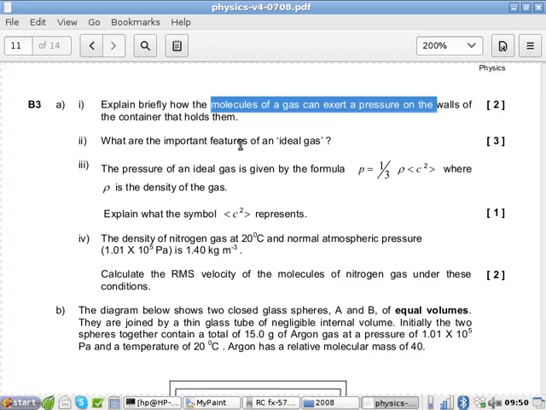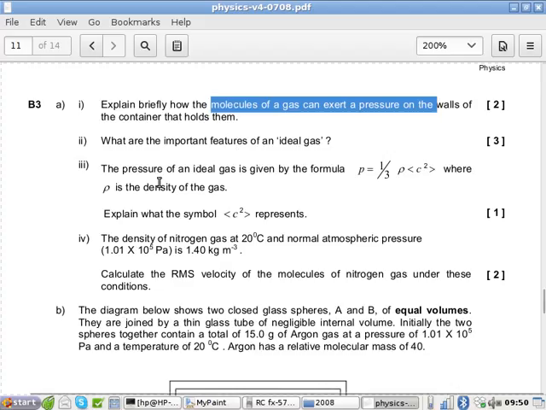The other one is you treat the ideal gas as just colliding molecules, like balls bouncing off of each other. There's nothing special. They just collide and bounce, with no attraction between them.